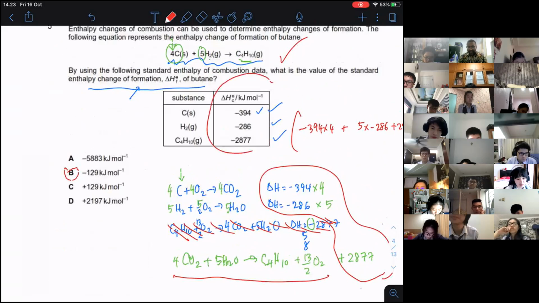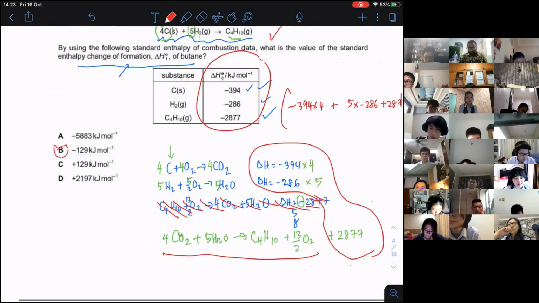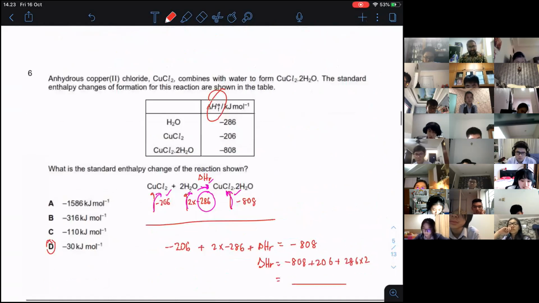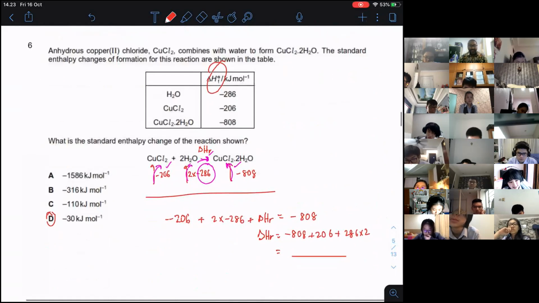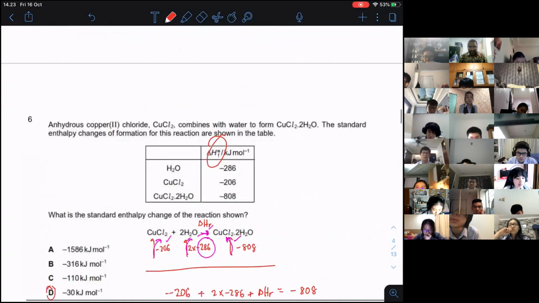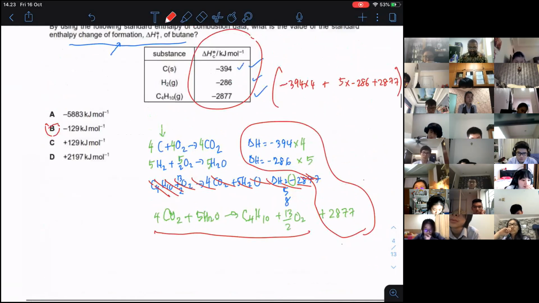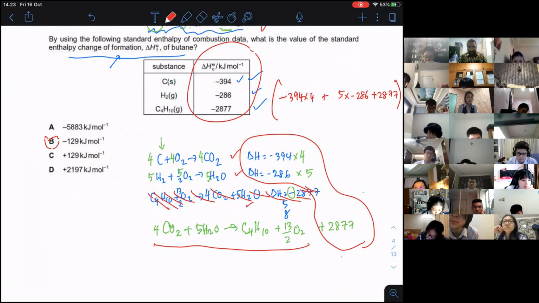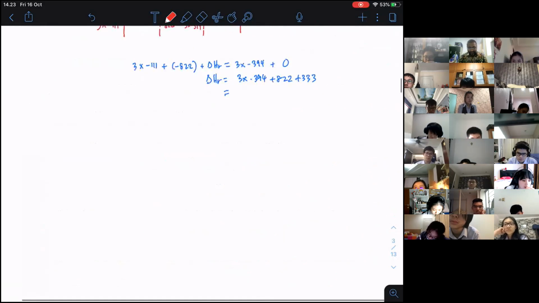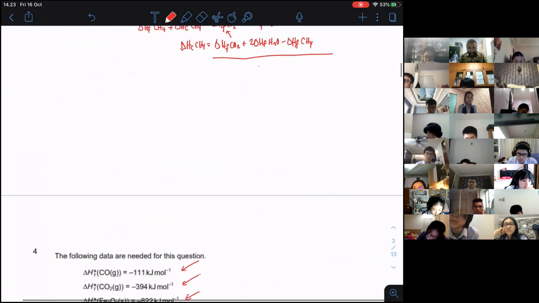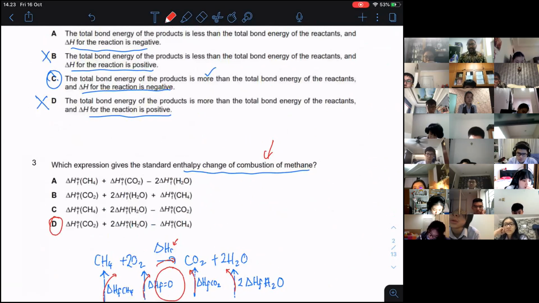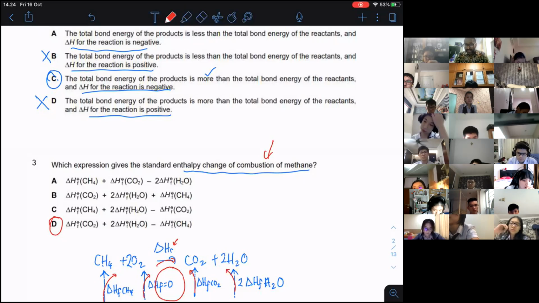Combustion, all the combustion is given, but it's slightly similar to the way they ask for this. But I told you, don't use the formation method because it's not formation. So you use the rearranging method, but you still need to write the equation. Most of the time, if the data involving combustion is given, then most likely it is rearranging equations.